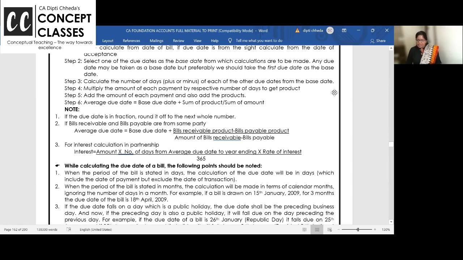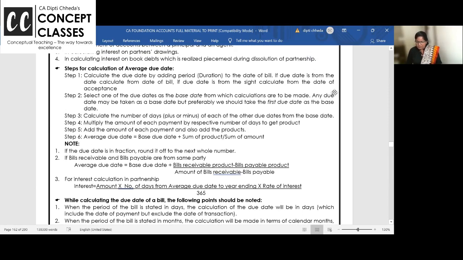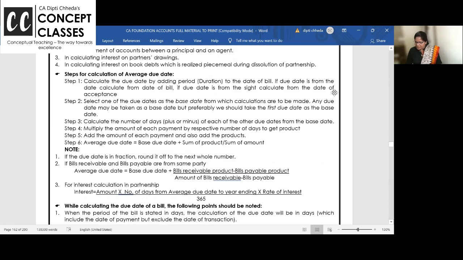Here you have to write that you have to take common base date. Can you please add over here? In this chapter starting, can you write? For bills payable and bills receivable, take common base date. Bills payable and bills receivable, take common base date.